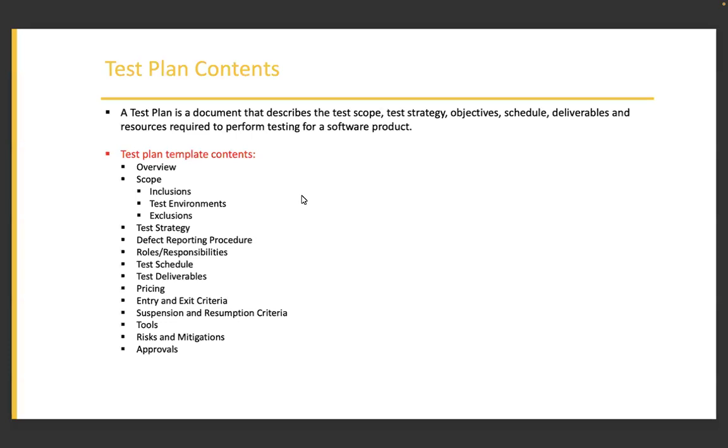So a test plan, at a higher level, guys, is a document that describes the scope, strategy, objective, deliverables, and the resources required to perform the testing of the software. In this document, you will have a complete overview of the end-to-end project. What is the scope? Scope means what all things will be considered when it comes to testing, guys.